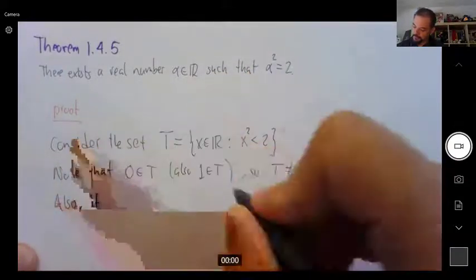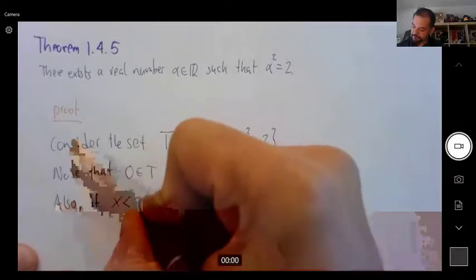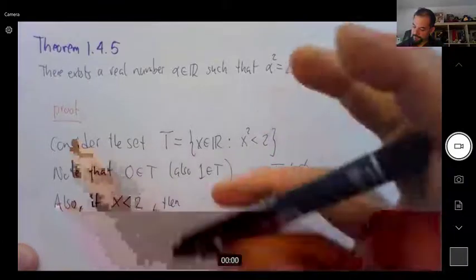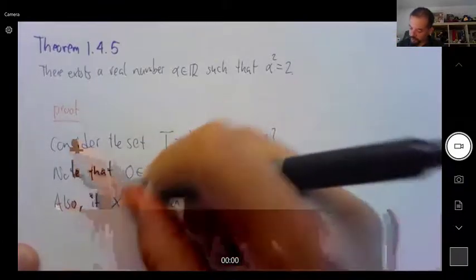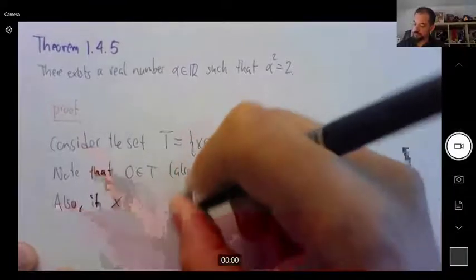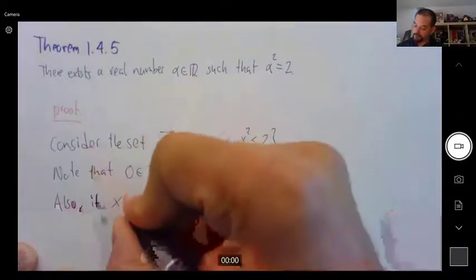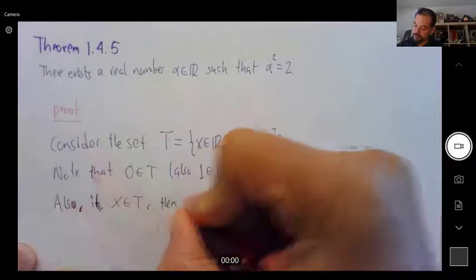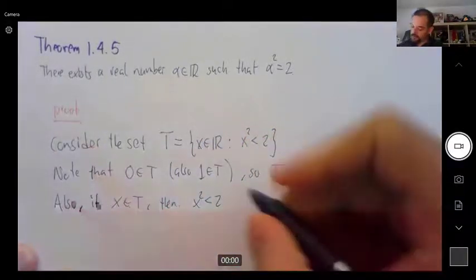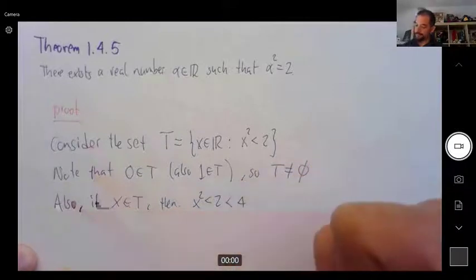If x belongs to T, I want to show that every element in T is less than 2. Okay, how do I do that? Well, if x belongs to T, then x squared is less than 2. That's the definition, right? And the good thing here is we know 2 is less than 4.